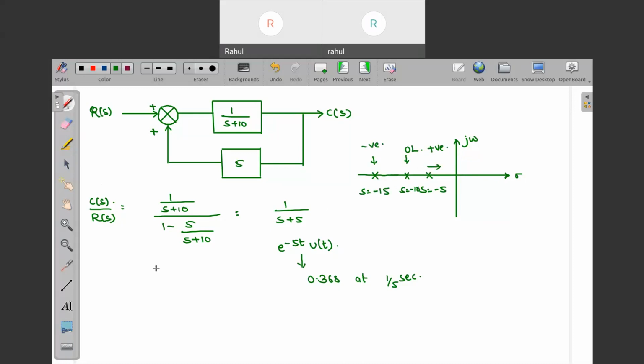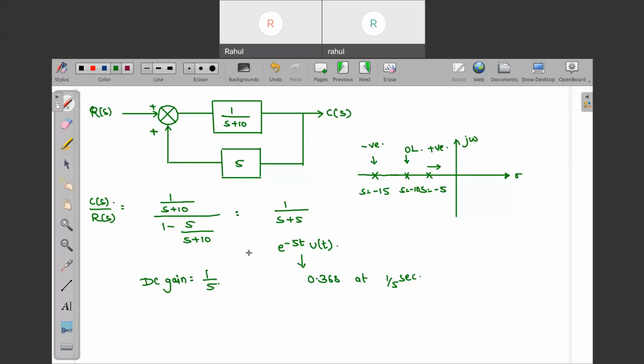But if you calculate the DC gain over here, DC gain is equal to 1 by 5. So stability is decreasing, but the gain of the system is increasing. So there is a trade-off between stability and gain of your system.